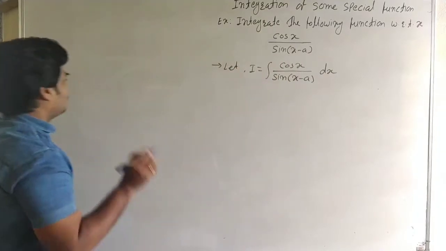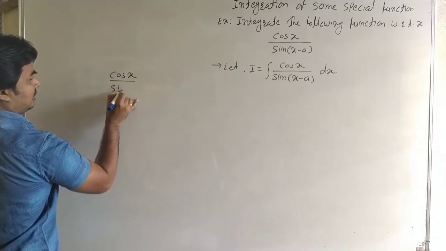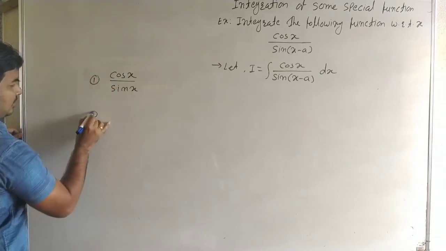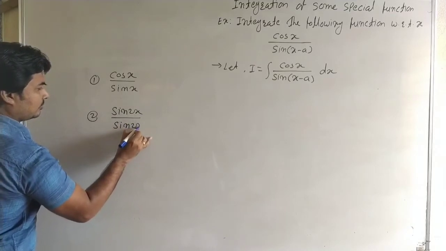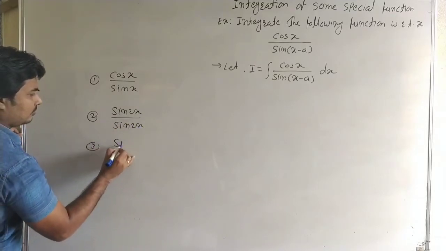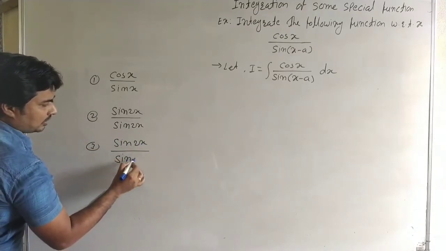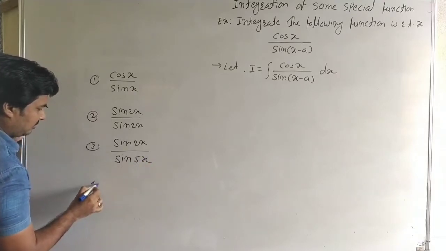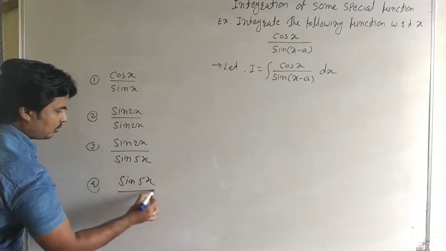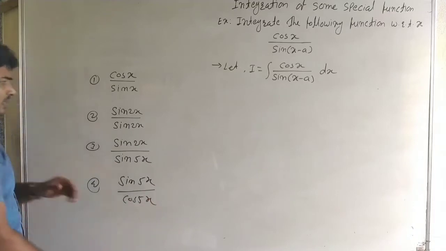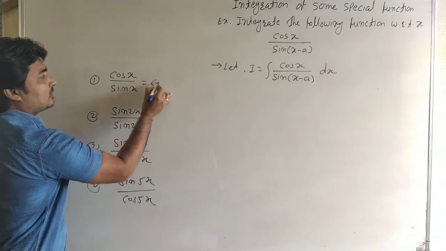Now we know that for the calculation of trigonometric functions, see carefully here, cos x upon sin x, we can write it as cot x.